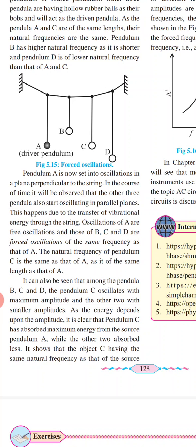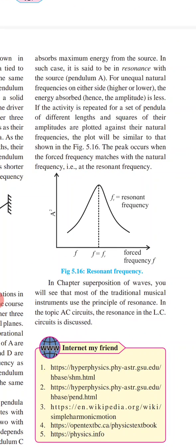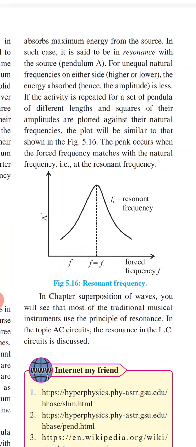So an object having the same natural frequency as the source will absorb maximum energy from the source. In such a case, it is said to be in resonance with the source, that is pendulum A. For unequal natural frequencies on either side, higher or lower, the energy absorbed is less.